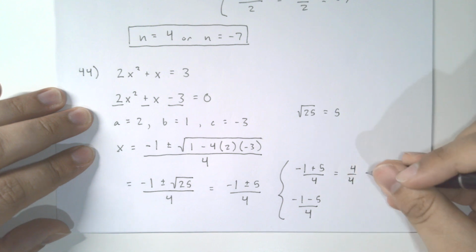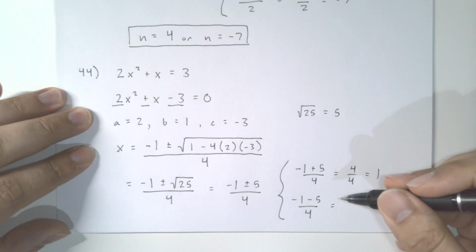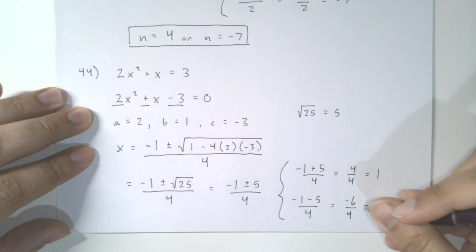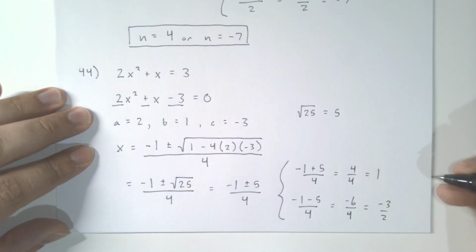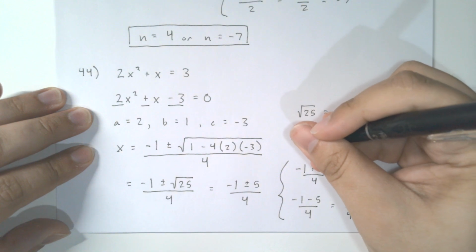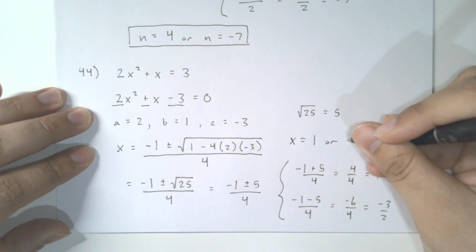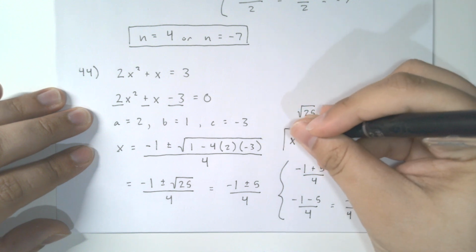So 4 over 4 is 1. And then negative 1 minus 5 is negative 6 over 4. It's going to be negative 3 over 2. And so we have that x is equal to 1 or x is equal to negative 3 over 2.